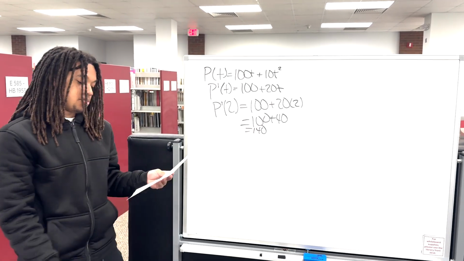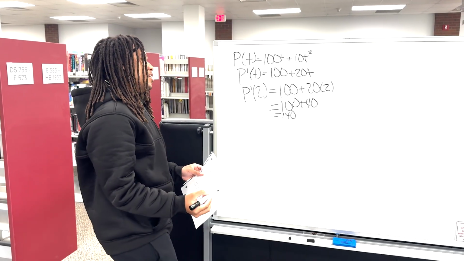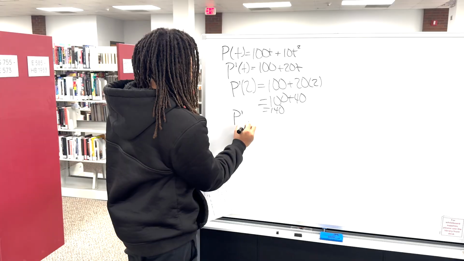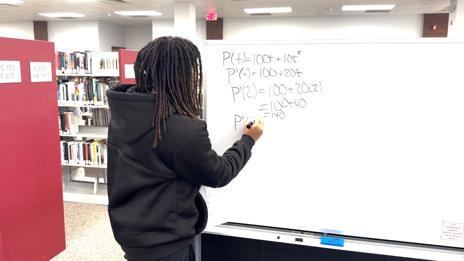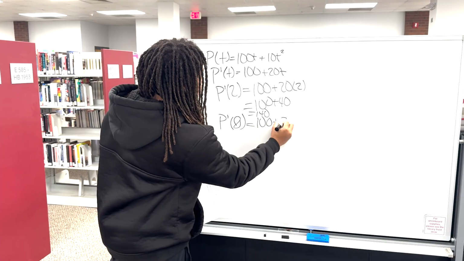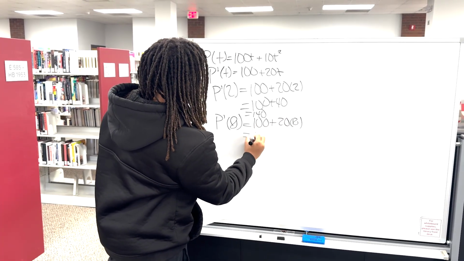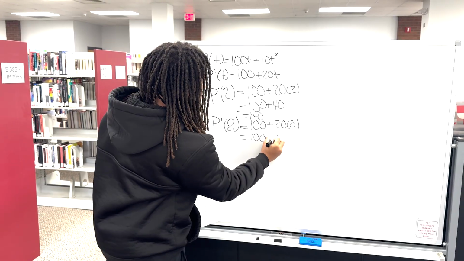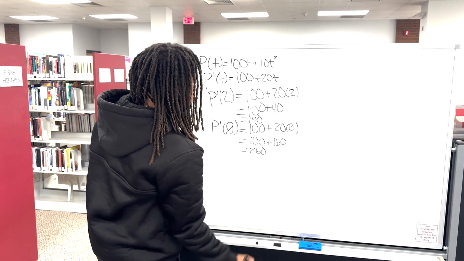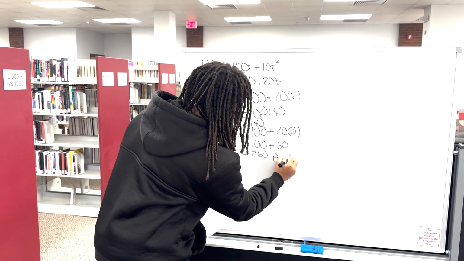So that would mean 140 pages would be made per hour. And if we took it up a notch and did P prime of 8, we would plug in 8 for T. This would give you 260 pages per hour.